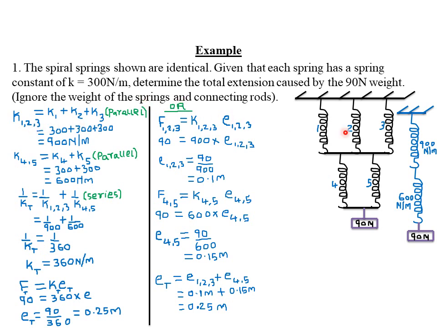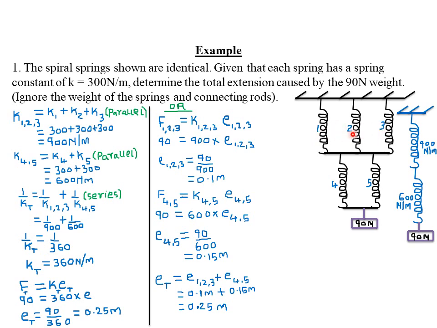Consider these springs. I've labeled them spring 1, spring 2, spring 3, spring 4, and spring 5. Our first task is to find the effective or total spring constant for the arrangement of springs 1, 2, and 3. If you observe springs 1, 2, and 3, they are parallel to each other.